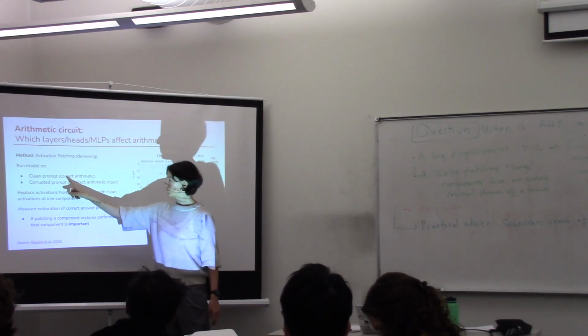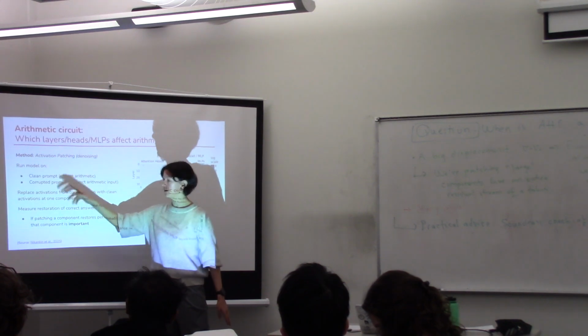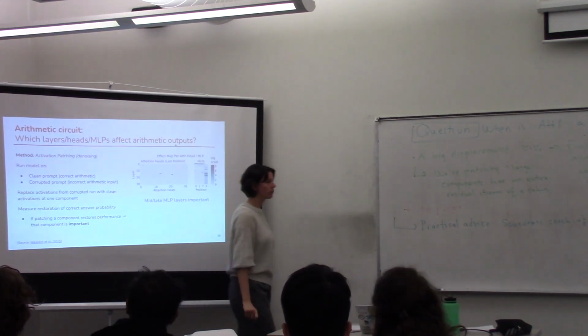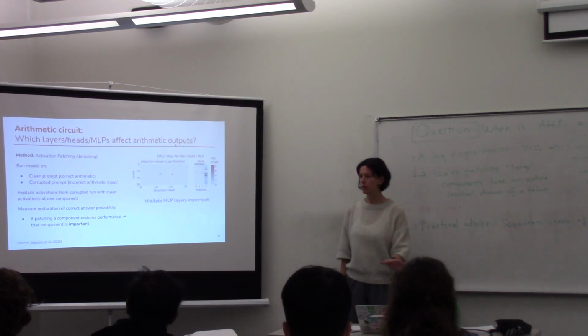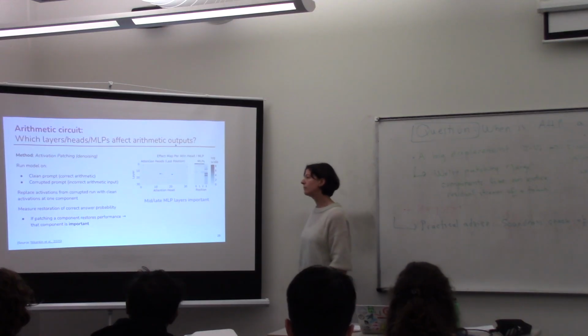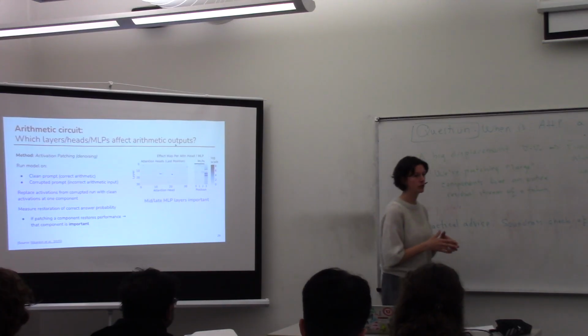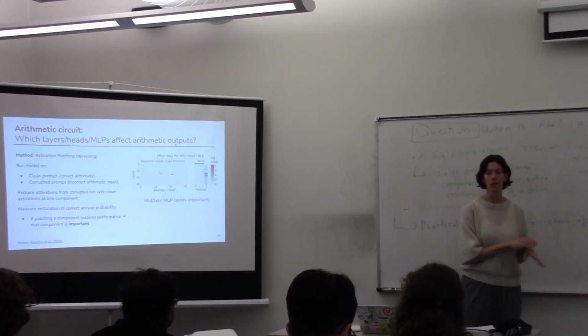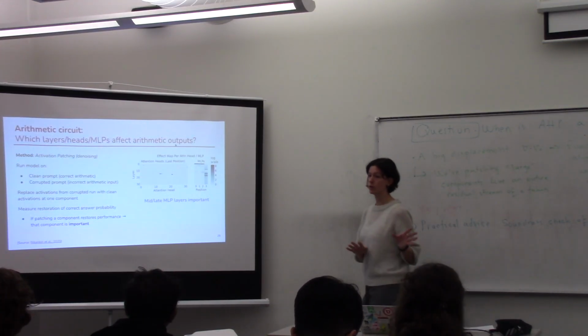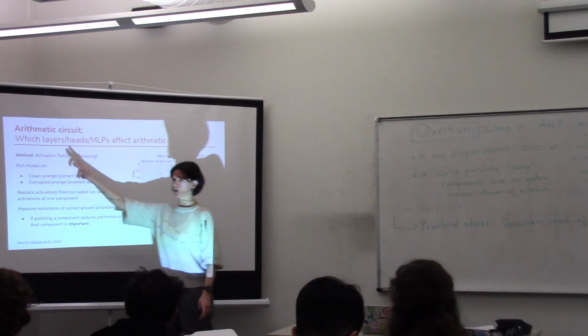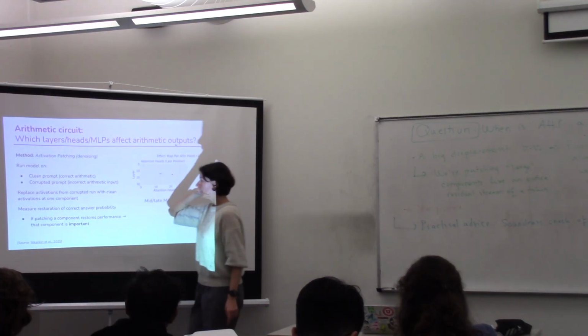So they basically use their normal prompt for the clean run. For the corrupted prompt, they use a completely different prompt, which comes into that potential problem of what if the change is too large and now your attribution patching wouldn't work. But it doesn't matter because they're using activation patching, right?